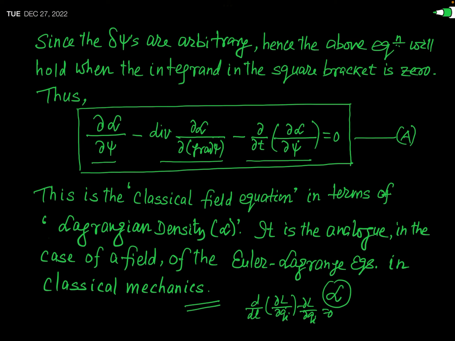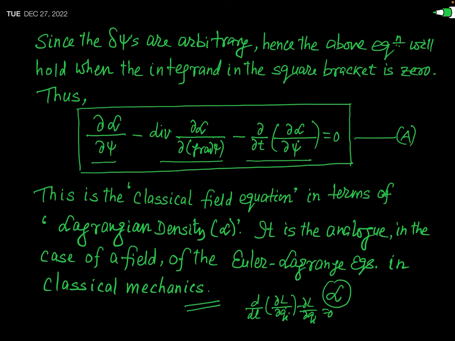This equation is in terms of the Lagrangian density curly L of the field, but when you convert it in terms of the Lagrangian L of the field, the similarity between the Euler-Lagrange equation and this classical field equation will be more apparent.